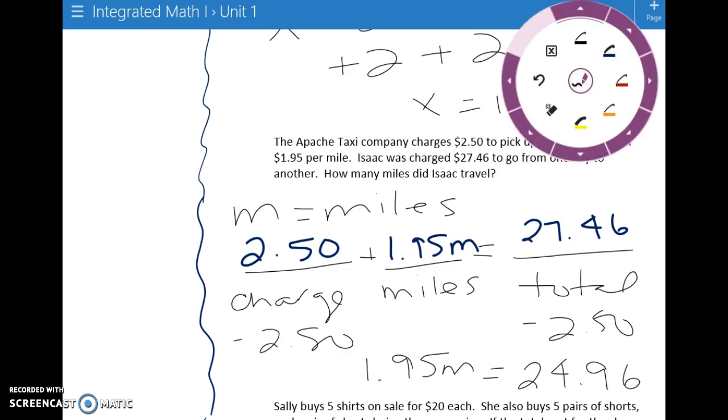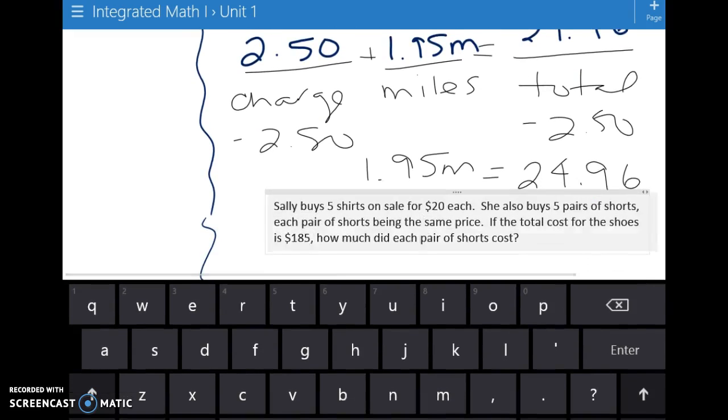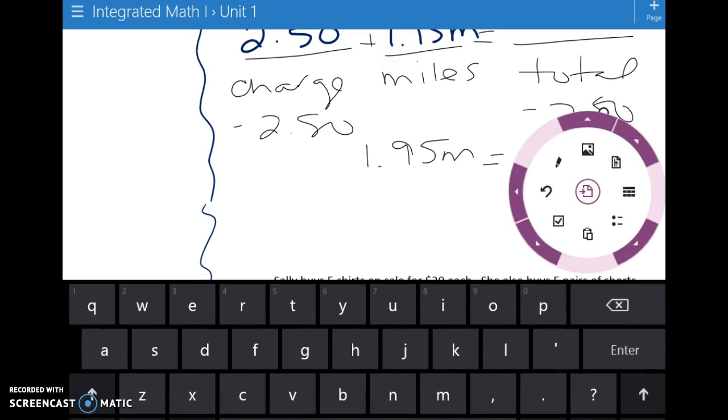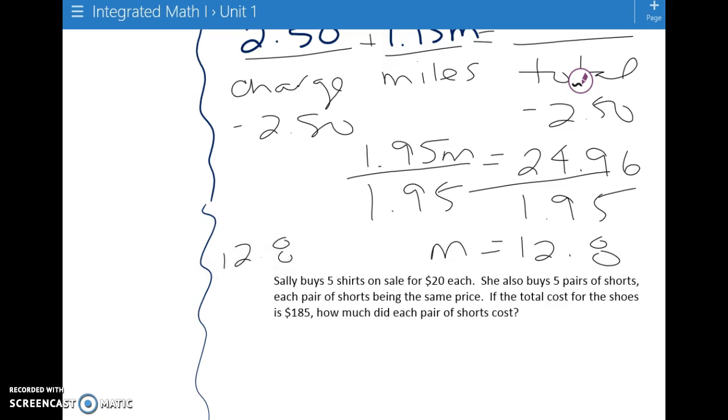And then we need to divide by 1.95. And we get M equals 12.8, or, well, a better way to say it, 12.8 miles.